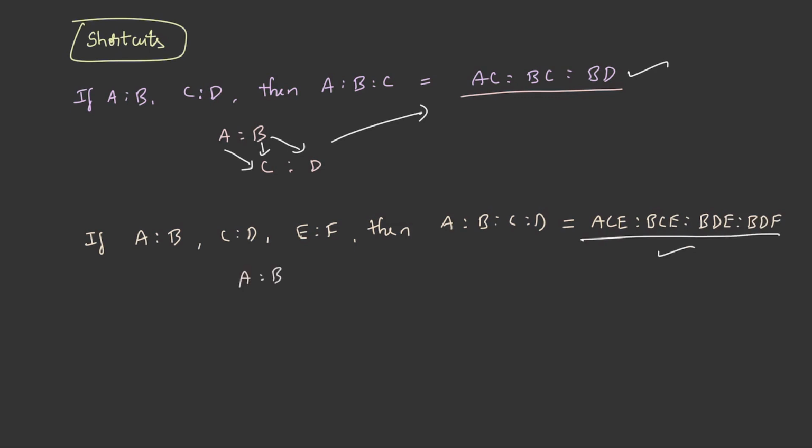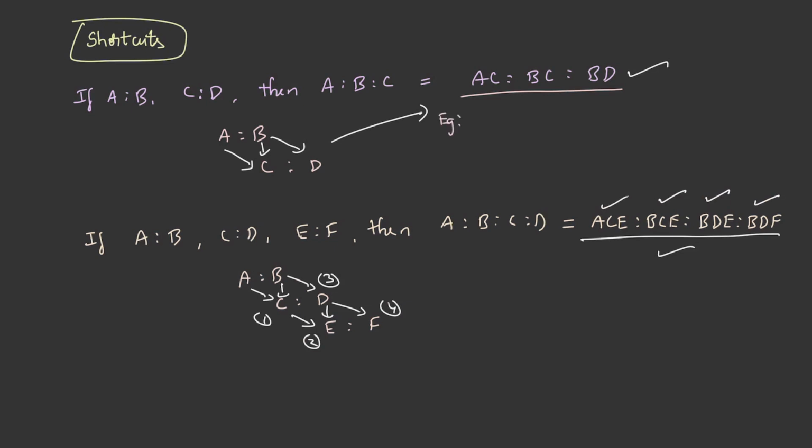A is to B is given, C is to D is given and E is to F is given. So ACE is the first one, BCE is the second one, BDE is the third one and BDF is the fourth one. So ACE is to BCE is to BDE is to BDF is the formula.